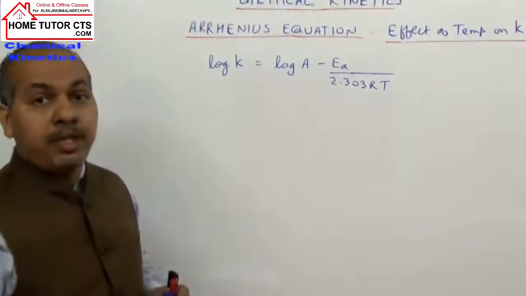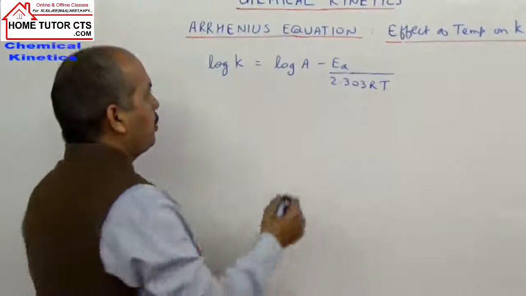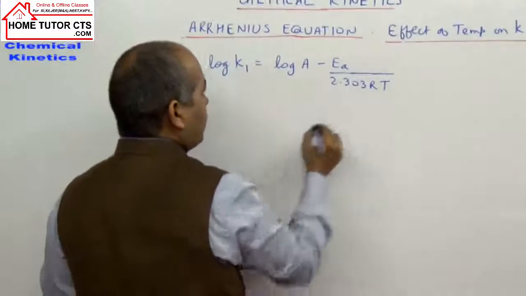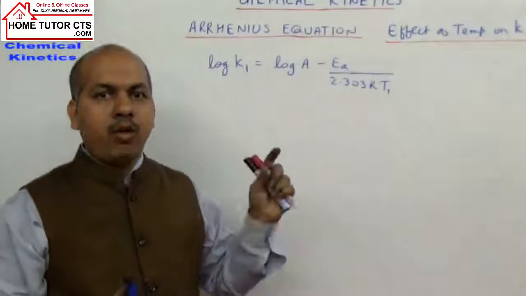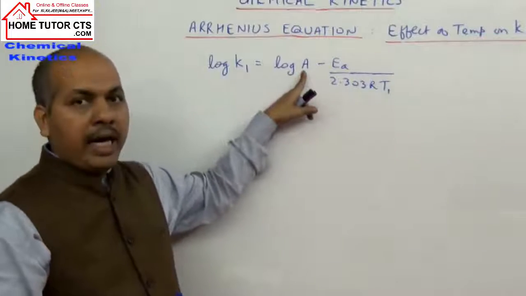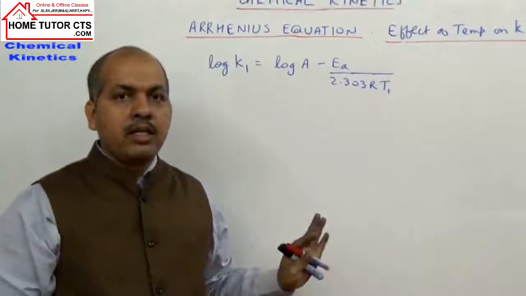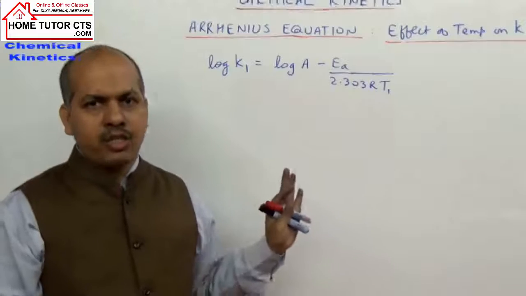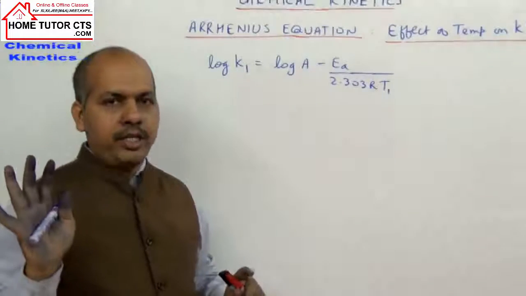Now to see the effect of temperature on the rate constant of a reaction mathematically, I can write K1 as the rate constant at T1 temperature. In small variations of temperature, A, the Arrhenius factor, and activation energy EA will remain almost constant, and in your question comparisons we say they will remain constant.